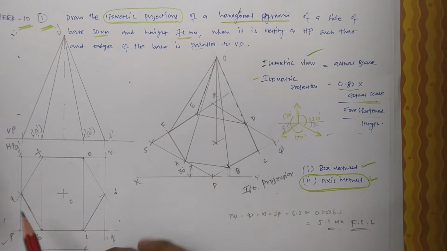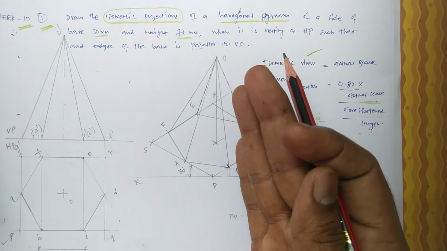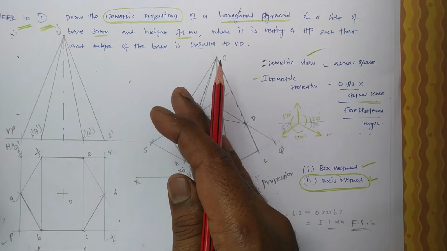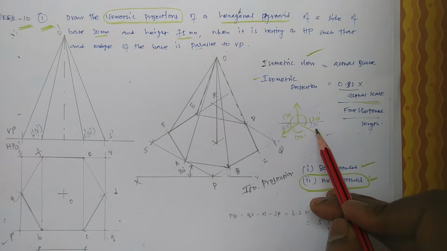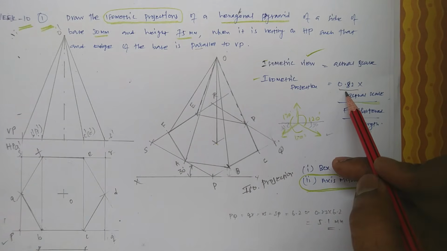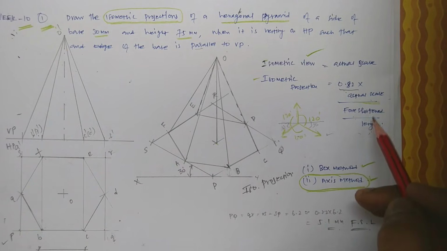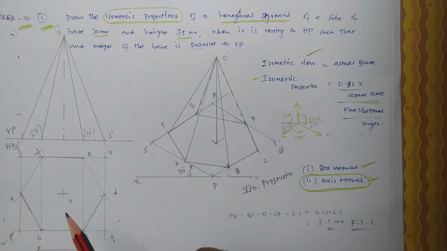So I just transferred all the measurements from here to here as a foreshortened length, because we kept it in the axis. When you are keeping it in this 30 degree axis, there will be a ratio of only 82% of the original length. So 0.82 into the original length is considered as a foreshortened length we are supposed to draw in this manner. This is the isometric projection of a hexagonal prism. Thanks.